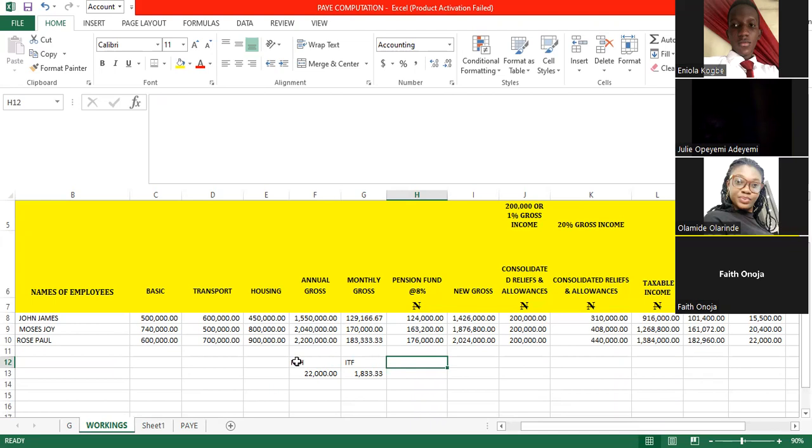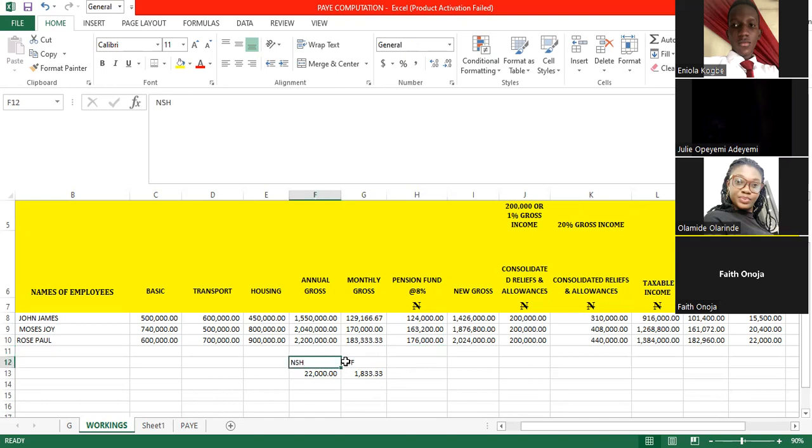ITF also can be deducted and remitted. The law says you should remit 1% on the gross salary, if the company has registered you for ITF. It's also a statutory deduction on payroll.